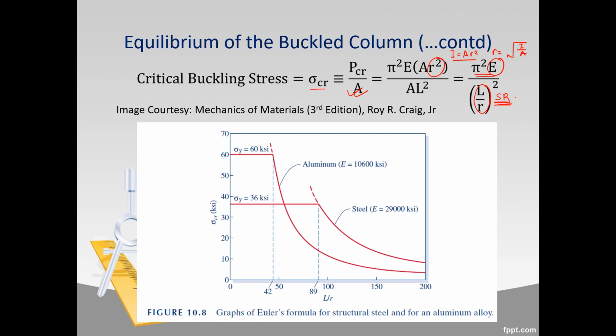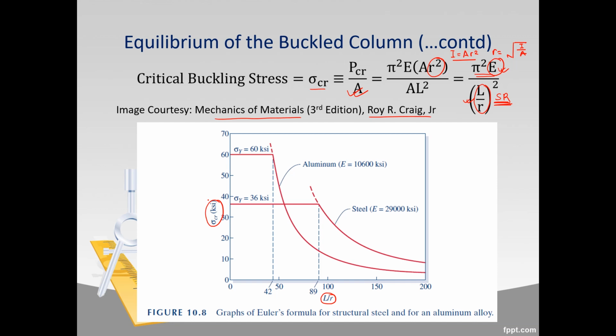To exhibit this variation of buckling stress according to E and L by R, there is a simple graph that I have taken from this book, Mechanics of Materials by Roy R. Craig, that shows the variation of L by R and sigma CR, which is the critical buckling stress.